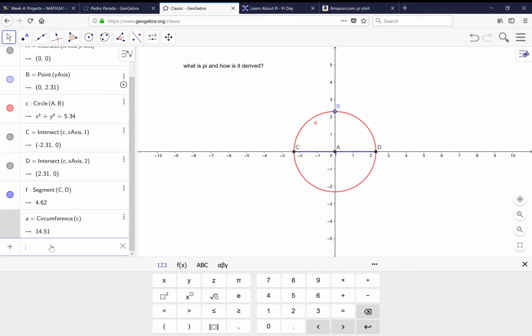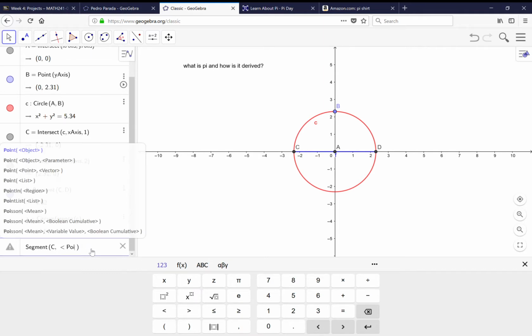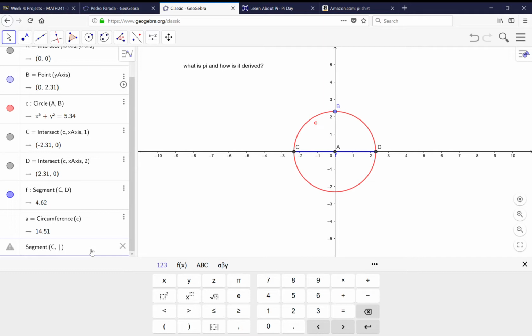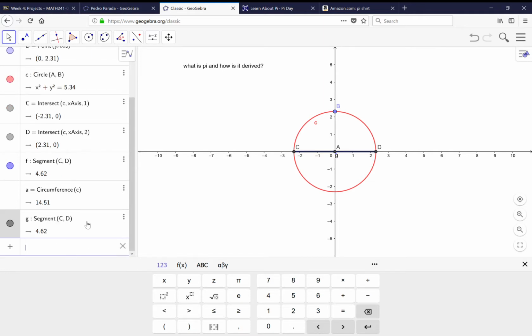Now we're going to see how long our line segment is. So segment, from point C to point D. Let's see what the measurement of the segment is.